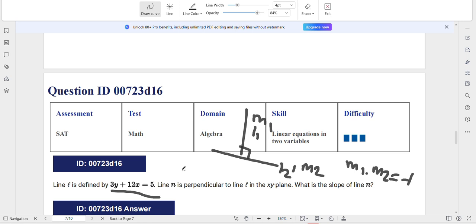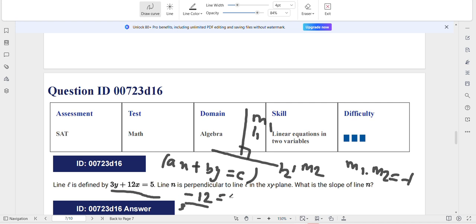We know the slope of any line in the form ax plus by equals c is minus the coefficient of x divided by the coefficient of y. In this way, the slope of line L is minus the coefficient of x, which is 12, divided by the coefficient of y, which is 3.